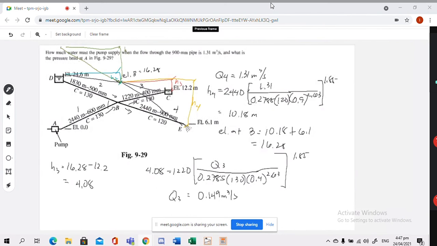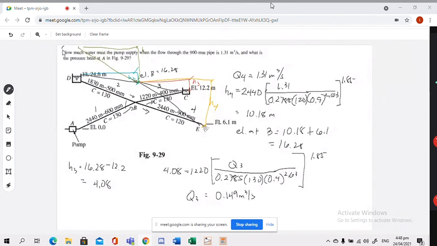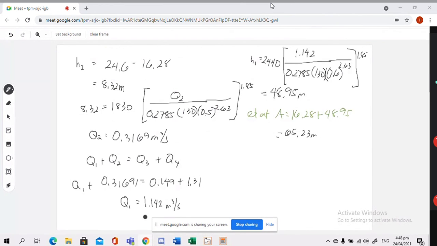Okay, so this is 65.23 meters. So the head at A is 65.23 meters and the supplied how much water, may supplies gipotana, so this is the answer.